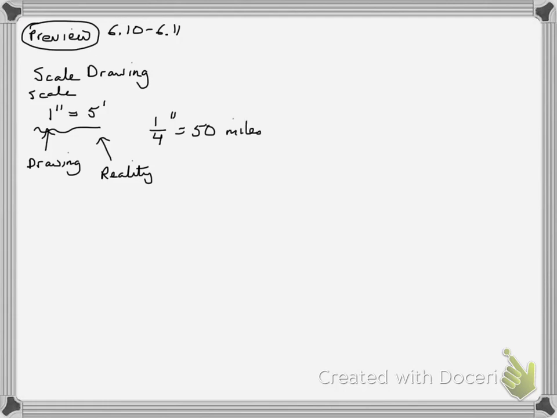It would just depend on how big or small an area I'm trying to represent on my map. And so that would be another example of a scale. Again, this is the drawing, and this is the reality. Now notice in both these cases, the drawing has a lot smaller value than the reality. So these are reductions. The drawing is smaller.